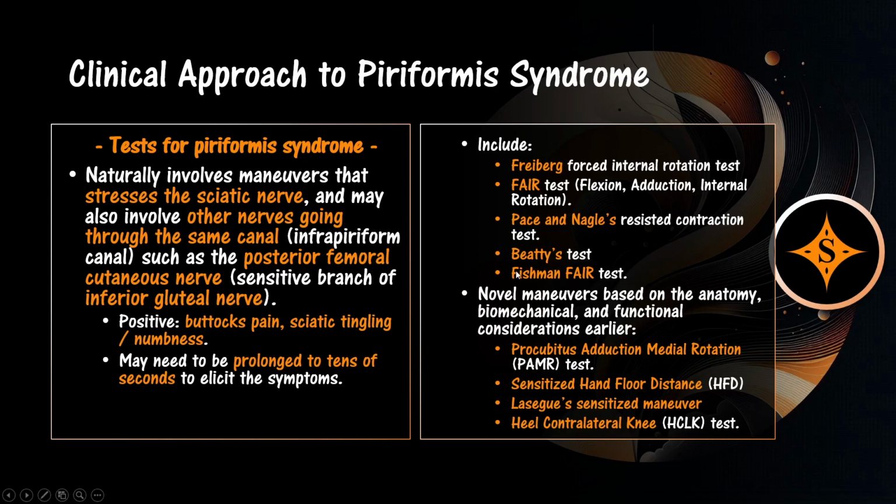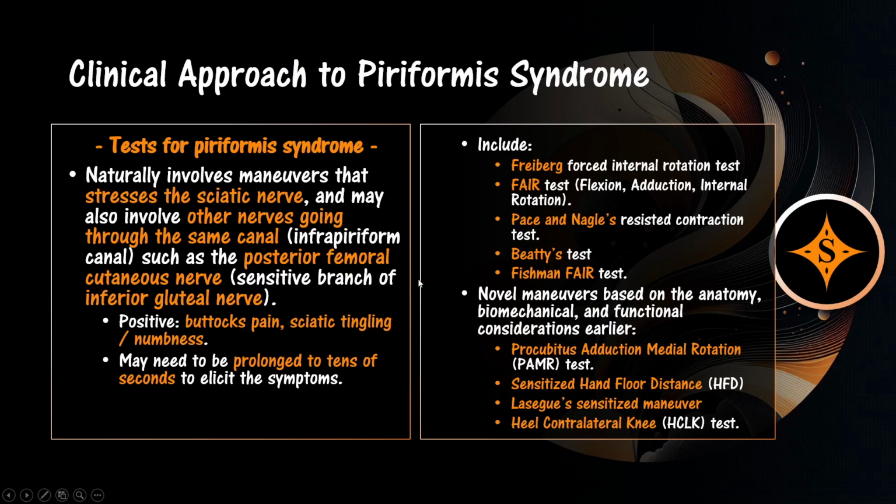This is especially for the PAMR test. The Pace and Nagle test is usually able to induce the sciatic pain rapidly. The prolonged testing is usually for the PAMR test. This is because a lot of the other muscles sort of compensate for the stress of the piriformis muscle.